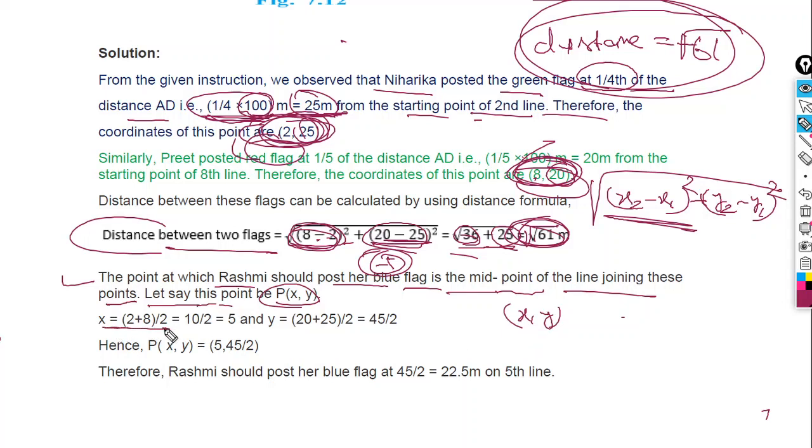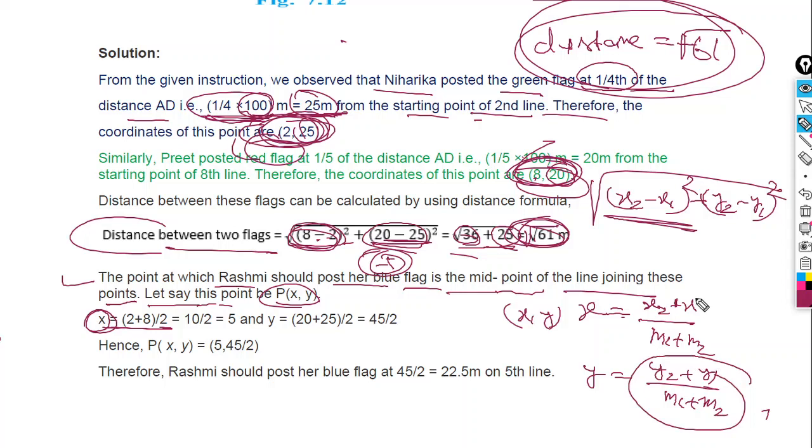So what will be the formula for x? You know that x is equal to (x2 plus x1) divided by (m1 plus m2), and y equal to (y2 plus y1) divided by (m1 plus m2).